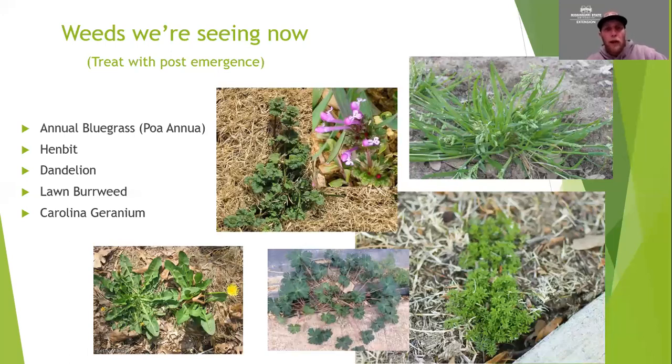Those 4 on the right and in the center are going to be best controlled with a pre-emergent herbicide in the late summer, early fall, and that's going to prevent you from ever even having to worry about them. You'll never see them, and once you do that for a couple of years and get that seed bank worn out, you'll probably start seeing some more weeds start to pop up, and some more weeds becoming a problem.